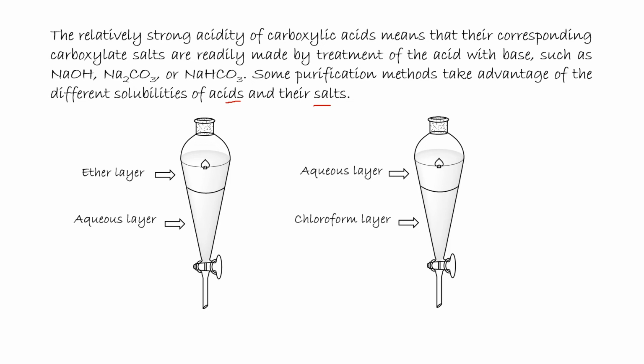Remember, the ether layer will be the upper, less dense than water. Also, we sometimes use chloroform, and the chloroform layer is denser than the aqueous layer. So the chloroform will be at the bottom and the water will be the upper layer.